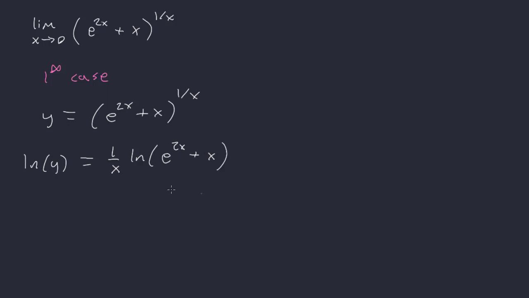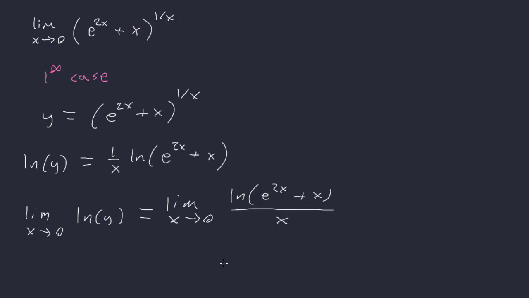And hey, this is already in the form of a fraction, right? So if we're looking at the limit as x goes to 0 of the natural log of y, we're essentially looking at the limit as x goes to 0 of the natural log of e to the 2x plus x, all over x.